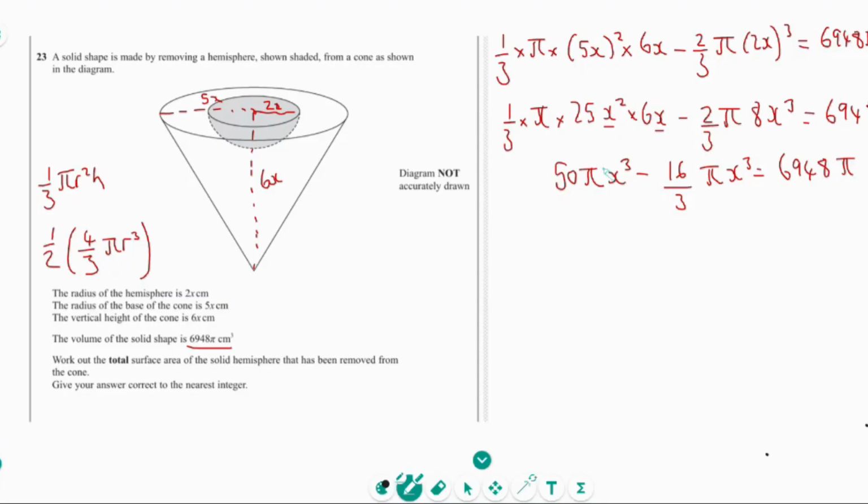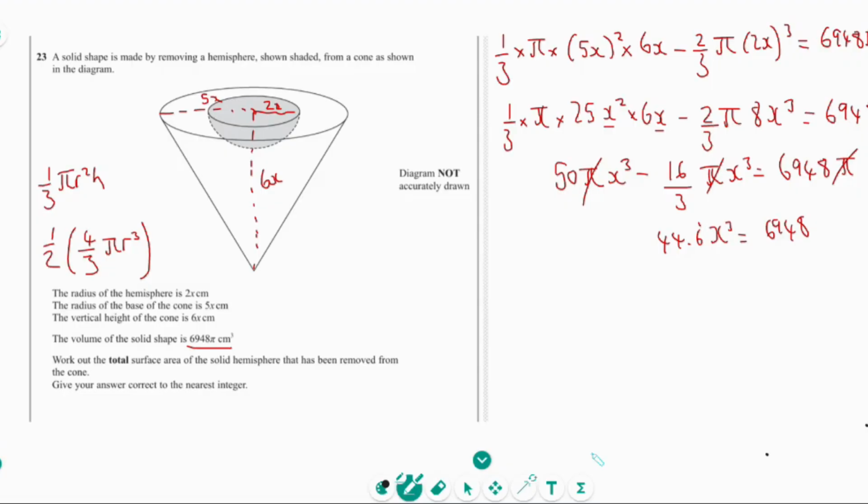Now we divide 3 by pi. 50x cubed minus 16/3x cubed is 44.6 recurring x cubed. Or actually, I'll put that as a fraction. That's up to you how you have it.